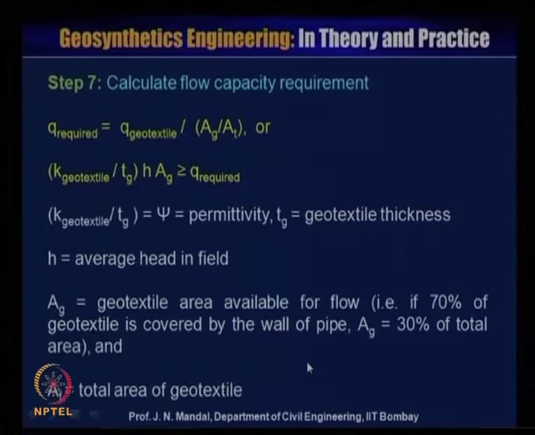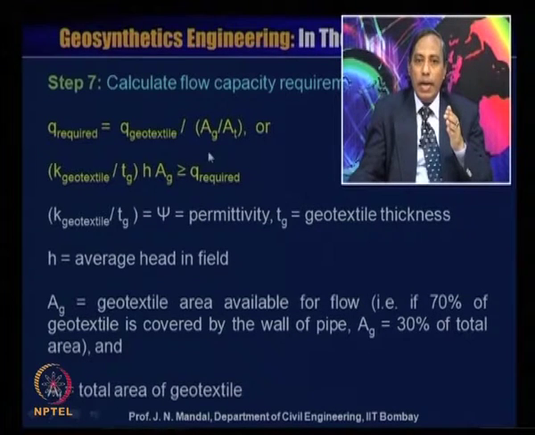Step 7, then calculate the flow capacity requirement. Q required will be equal to Q geotextile divided by AG into AT, or K geotextile by TG into H into AG, should be greater than or equal to Q required. So, K geotextile by TG is equal to psi, that means permittivity, and TG is equal to geotextile thickness.